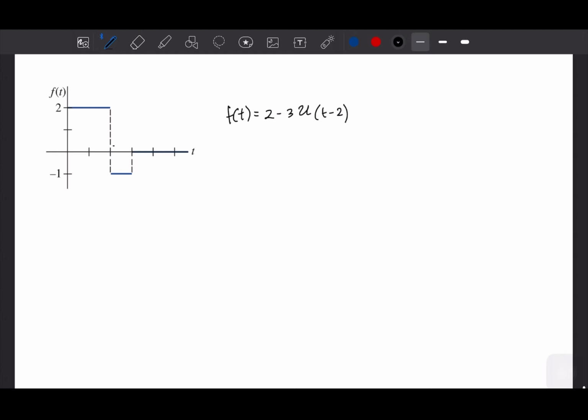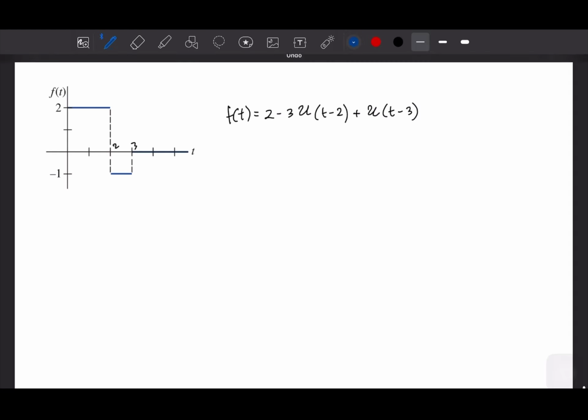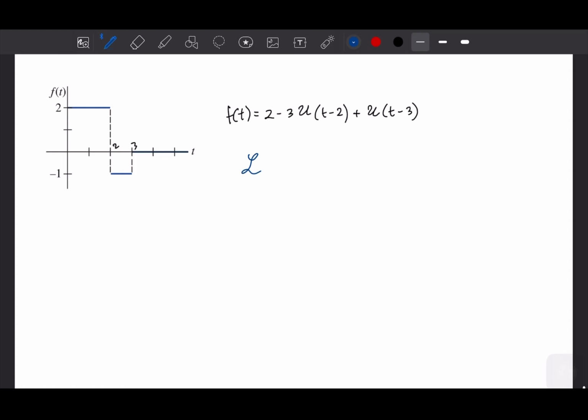This is 2, and then plus the step function t minus 3. So this is 3. Let's get the Laplace transform of this, so Laplace transform of f of t.